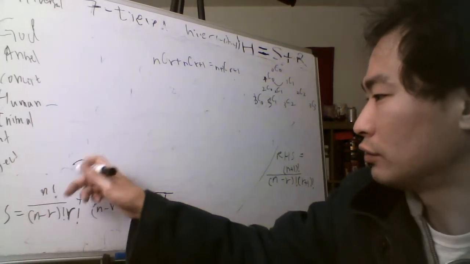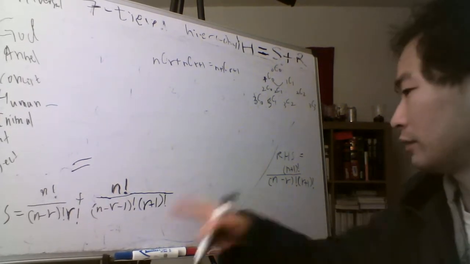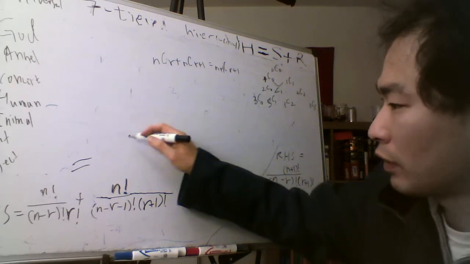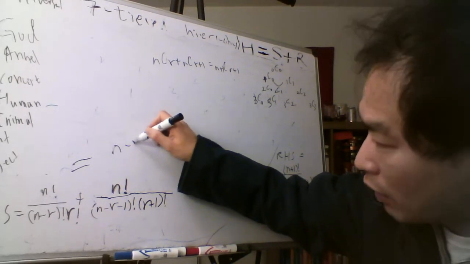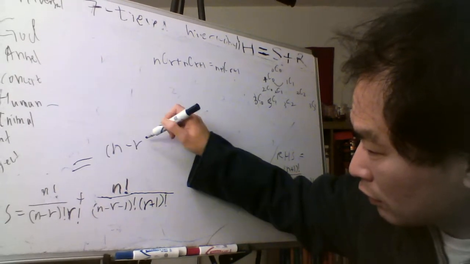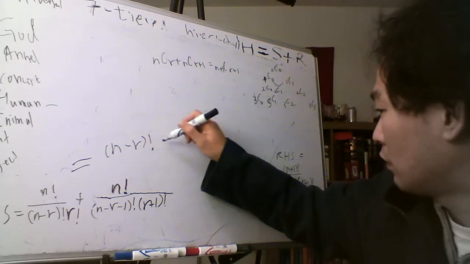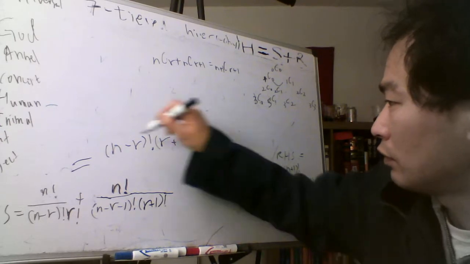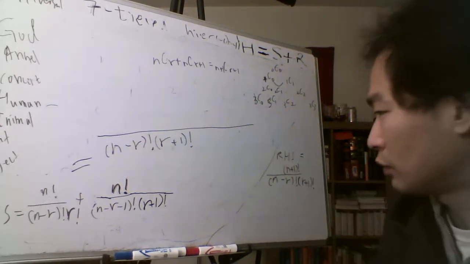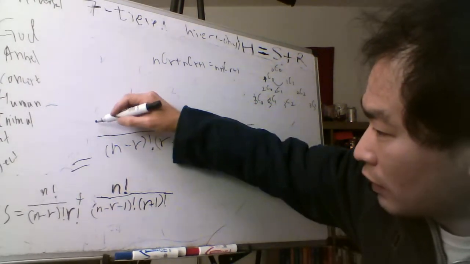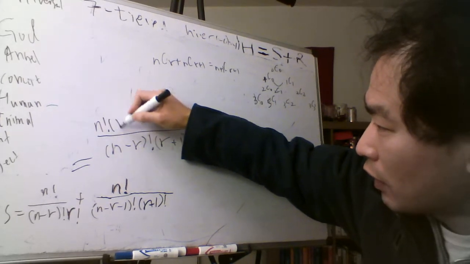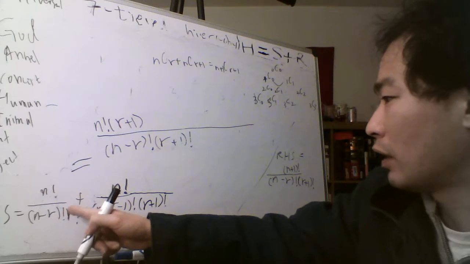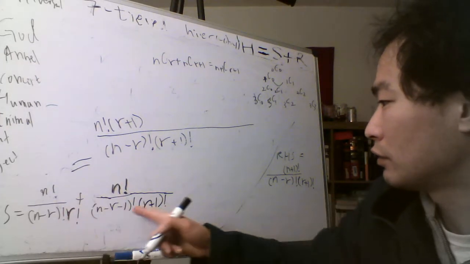This guy is equal to, to make left hand side look like right hand side, we need to multiply r plus 1, okay, then you have n minus r factorial r plus 1 factorial, so let's go downstairs, you have n factorial times r plus 1, right, we are multiplying by r plus 1, upstairs, downstairs.